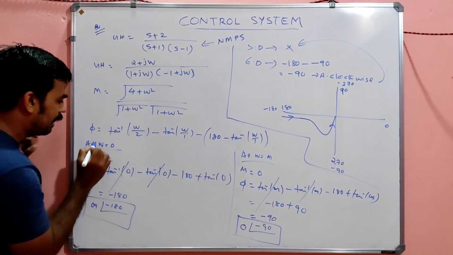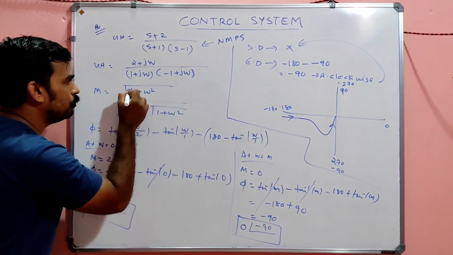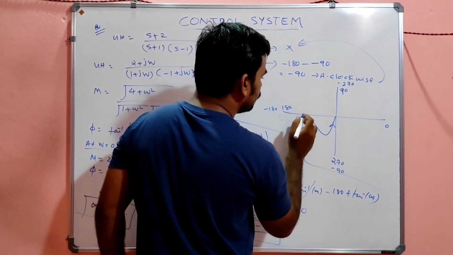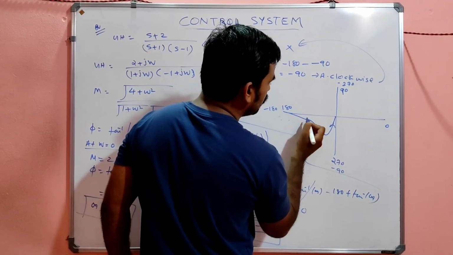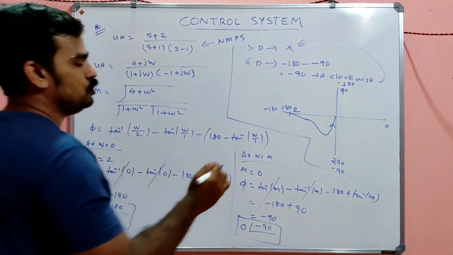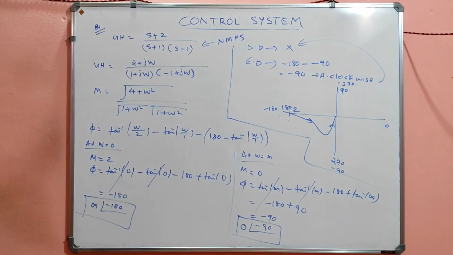At omega equal to 0, 4 plus 0 square divided by 1 plus 0 square into 1 plus 0 square, it will be root 4, 2 simply. So I have to start from here, from 2 only, that's the only difference.